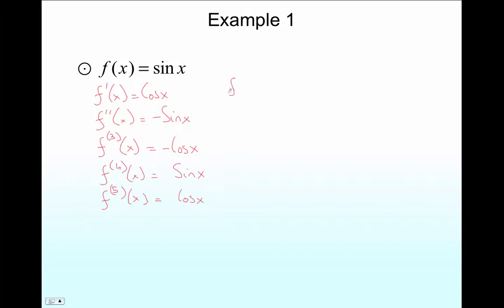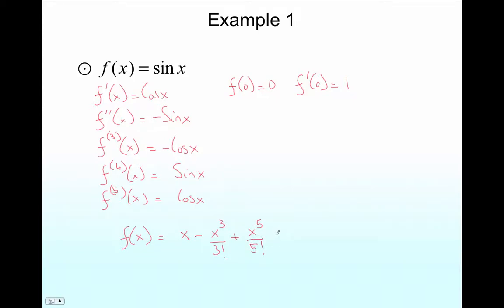Now you notice that f at 0 is 0, f prime at 0 is 1, and f double prime at 0 is 0, and so forth. So the function f of x is x minus x cubed over 3 factorial plus x to the 5 over 5 factorial.